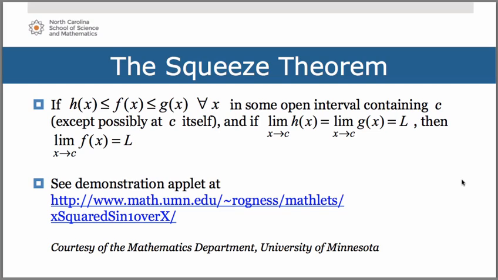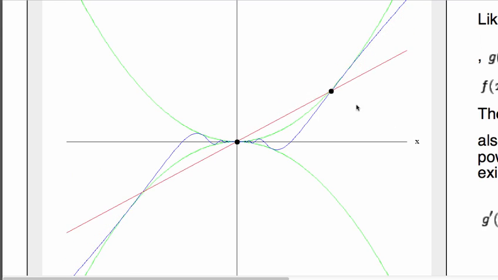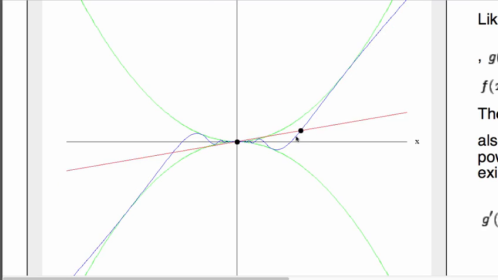I have for you a great demonstration applet of this Squeeze Theorem, courtesy of the Mathematics Department of the University of Minnesota. You'll notice we have a blue function and a green function, and you'll notice this black dot coming down this other red function, and you'll notice it sort of teeter-totters right in between the green function and the blue function as we get closer and closer to the origin.